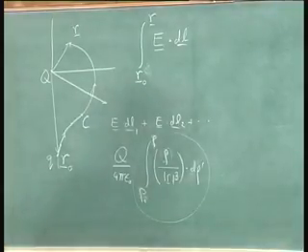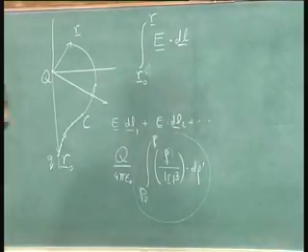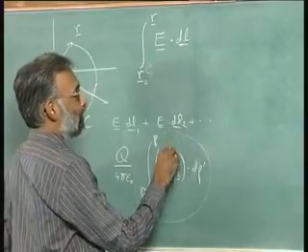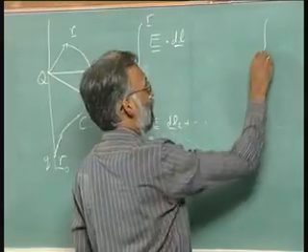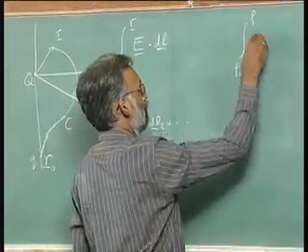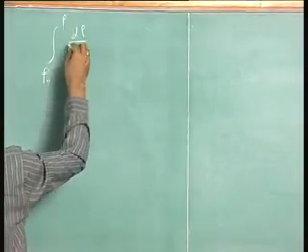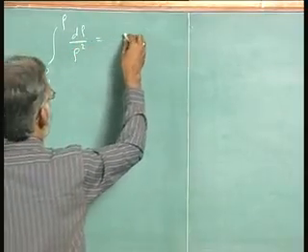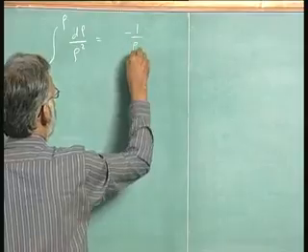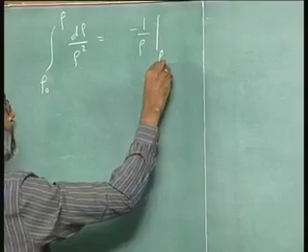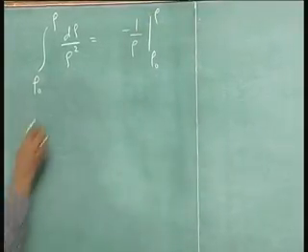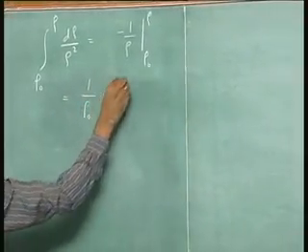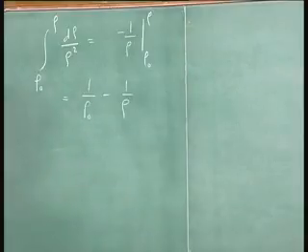So, this becomes a scalar integral, and when you work it out, you find that this is nothing but integral rho naught to rho d rho over rho squared, which is equal to minus 1 over rho between the limits, which is 1 over rho naught minus 1 over rho.